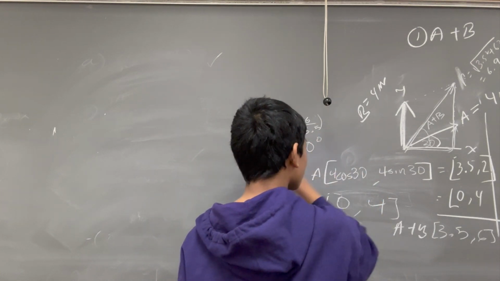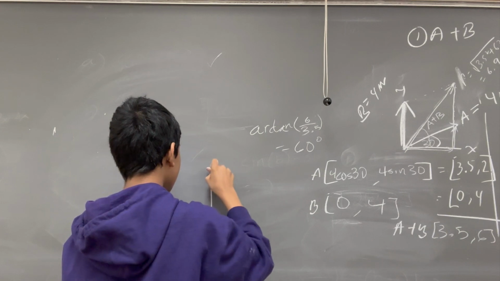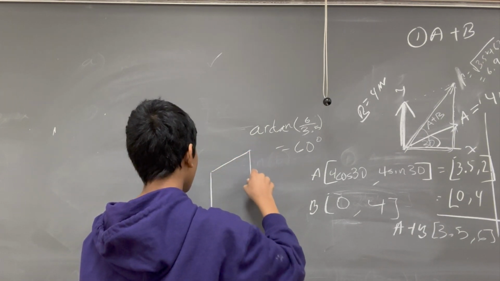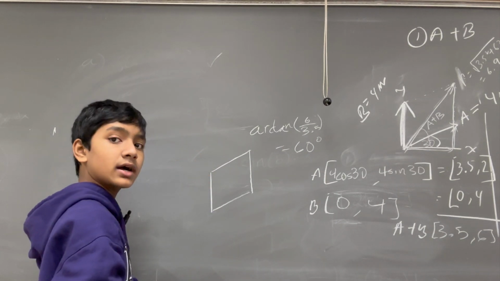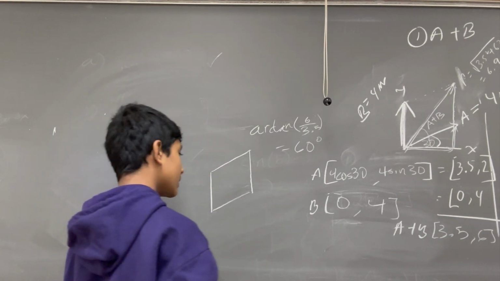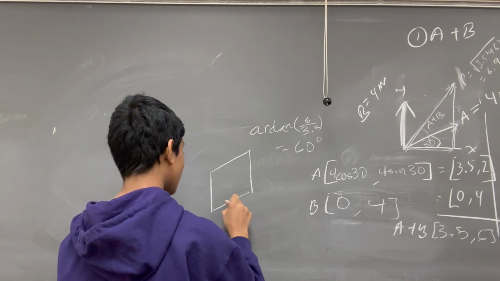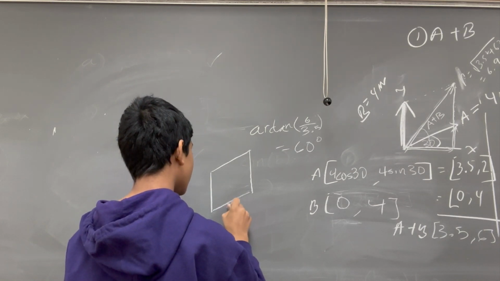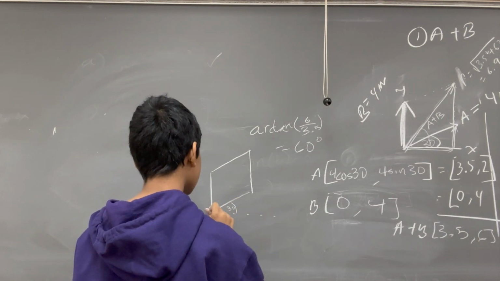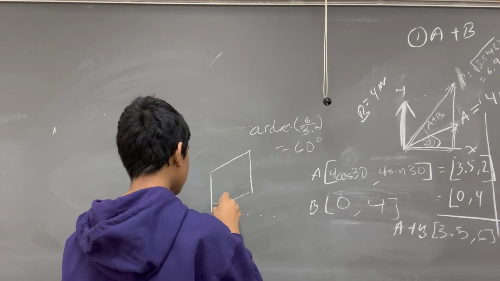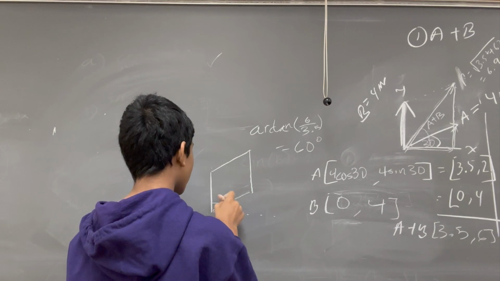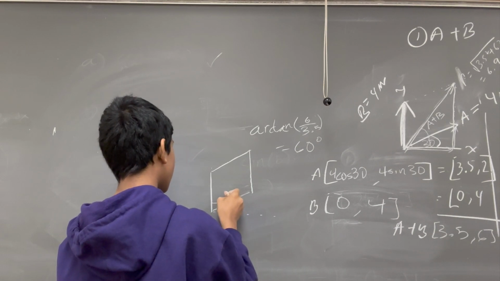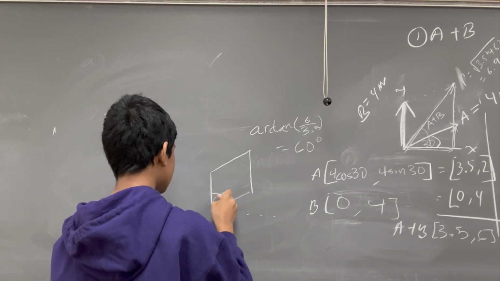And the other way is to take what we know is a parallelogram. In fact, this is a rhombus because all four sides are congruent. We already know this is 30, and this is parallel to the y-axis, meaning it must be perpendicular to the x-axis. So these two angles must add to 90, and 90 minus 30 is 60.